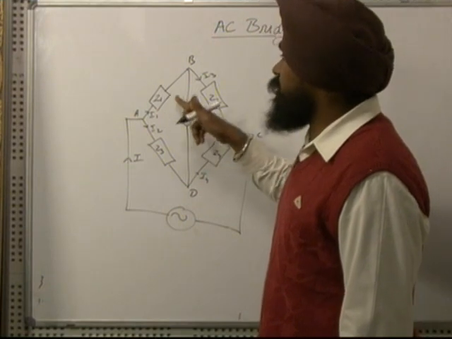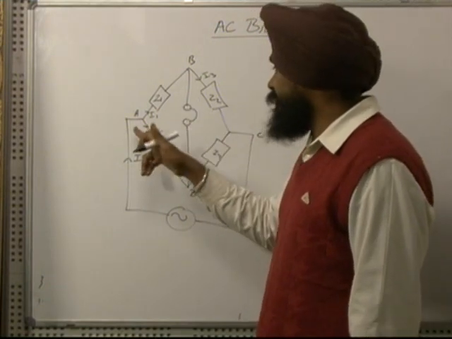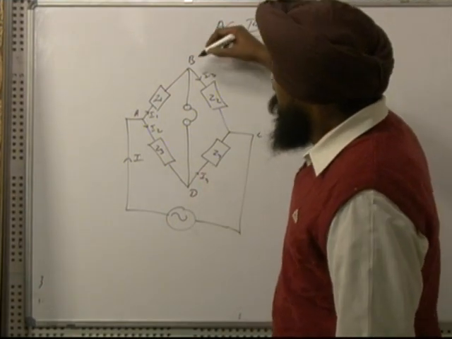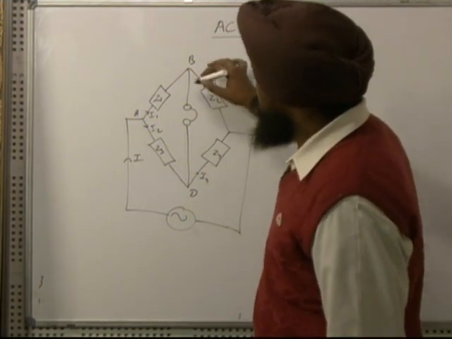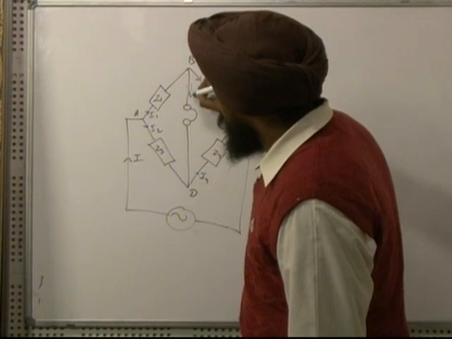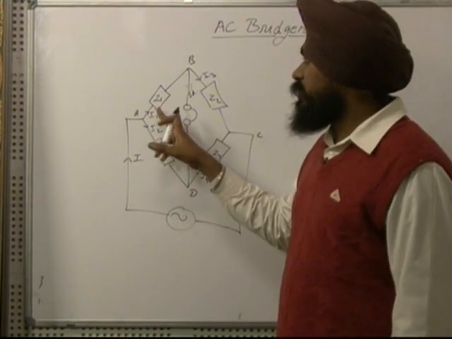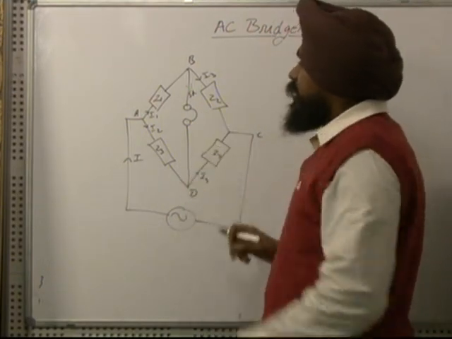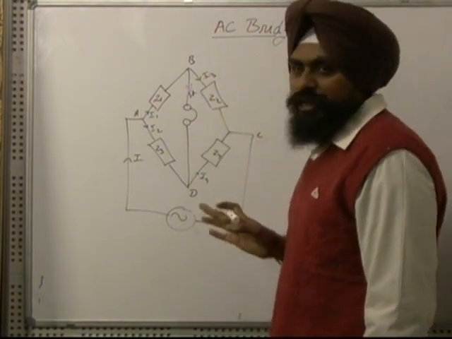करंट I1 जो है वो Z1 में फ्लो कर रहा है और करंट I2 जो है वो Z3 में फ्लो कर रहा है. ऐसे ही B में आके उसका कुछ करंट, I1 जो करंट था उसका कुछ हिस्सा ID फ्लो करेगा डिटेक्टर के अंदर और कुछ हमारा I3 फ्लो करेगा.